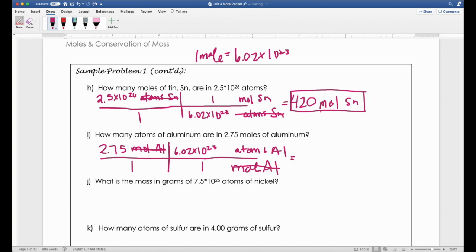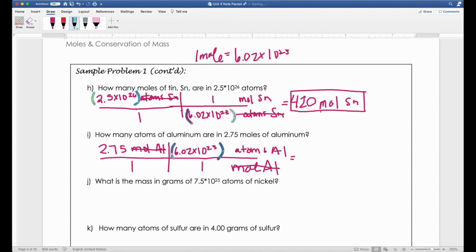And then let's just solve. So in this case, 2.75 times 6.02 times 10 to the 23rd. Remember, you do need to use parentheses around any number that has an exponent. You really don't have to for this one, so actually I'm going to erase that just because you don't need to use it there. But you should have used it in this problem up top.